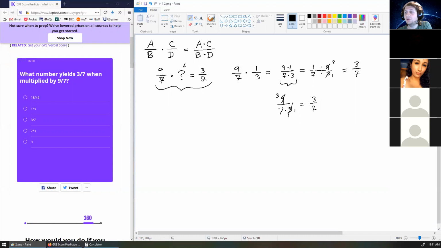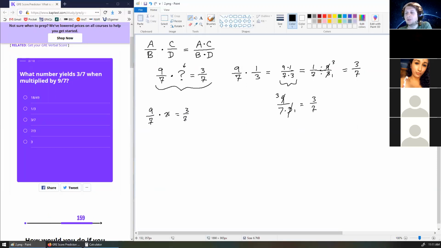So to isolate our question, let me rewrite this. 9/7 times x equals 3/7. That's a form that's a little bit more familiar to us from algebra, right? Yes.